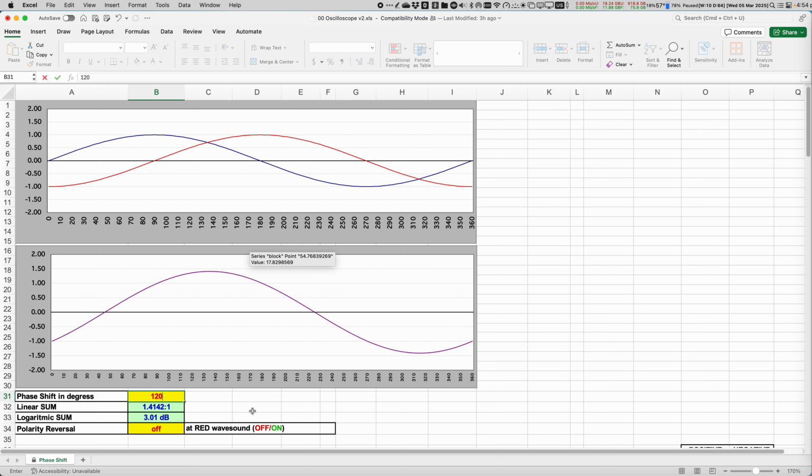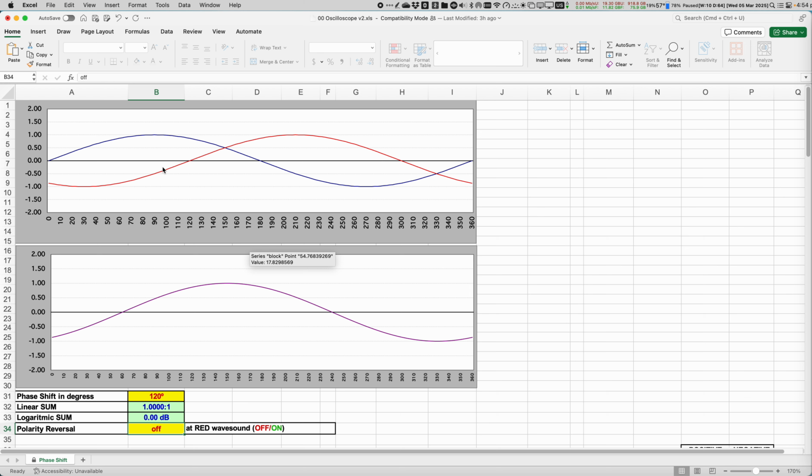If we do 120 degree, means more phase shift here. The individual signals stay with the same level. However, the summation in the peak, you can see that it's only 1. So this means that the summation of the 2 signals is identical level as individual signal as if we only play one.